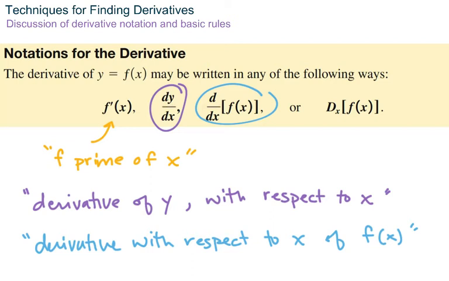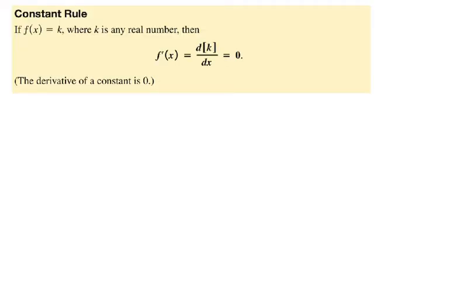So thinking about this, we really just want to make sure we understand these notations. The first two, f prime of x and dy over dx, those are the two that we will use most commonly. So now that we know the notation, let's look at some basic rules. The first rule here is the constant rule.